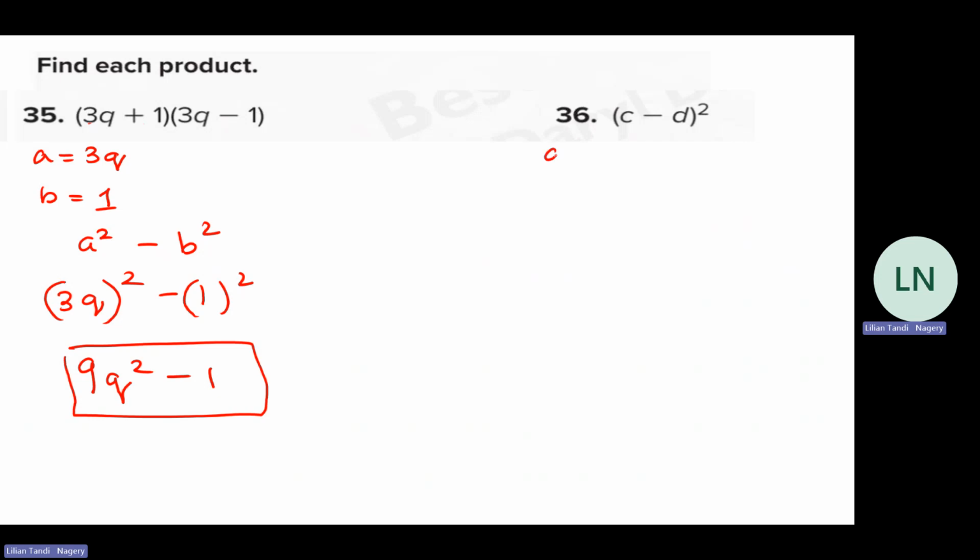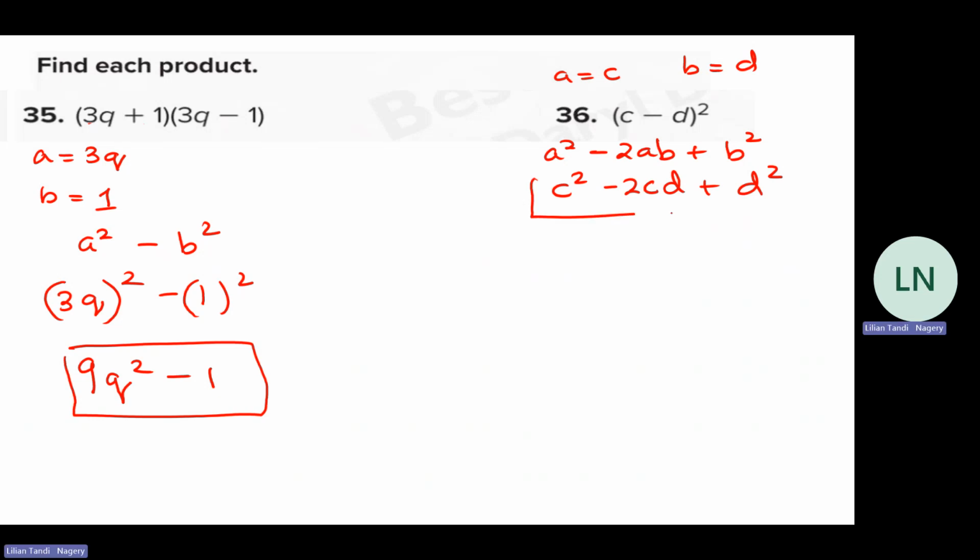This one is A squared minus 2ab plus b squared. A is C and B is D. So C squared minus 2CD plus D squared. So there is your answer.